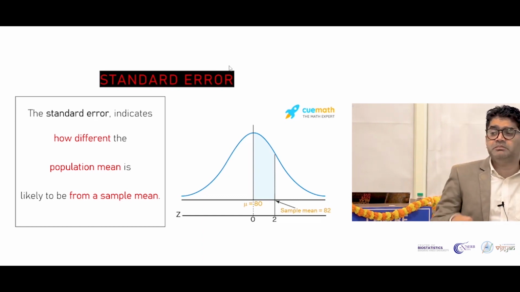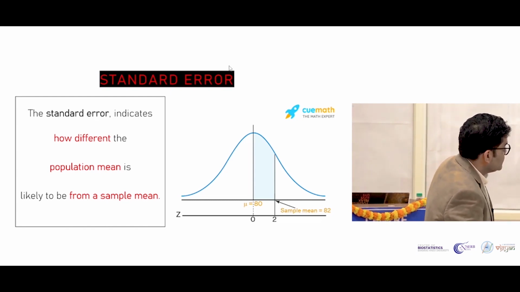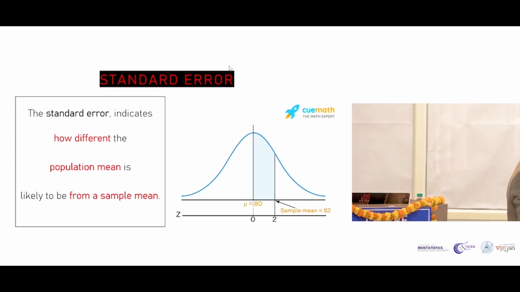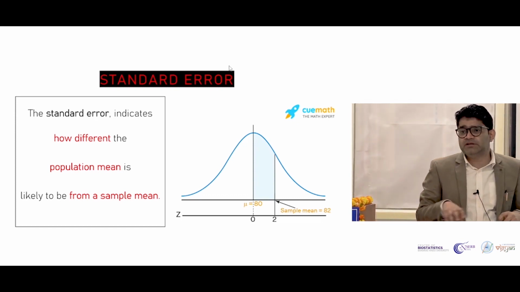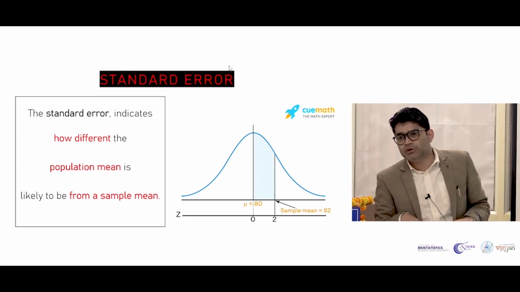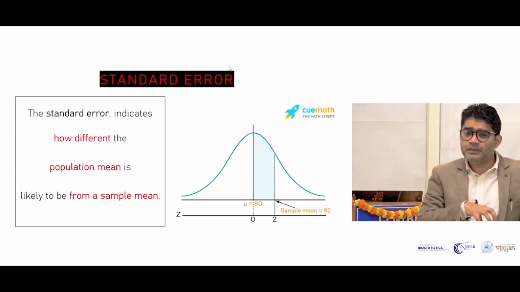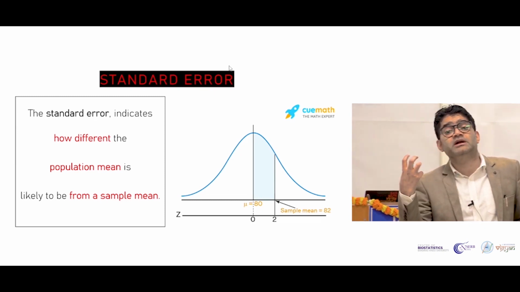If we are interested in the mean, say in the population the diastolic blood pressure is 80, and you have chosen a sample, and from that sample you got 82. So how much deviation are you getting? 2 points. What is the deviation of the sample mean from the population mean called? It is called standard error.